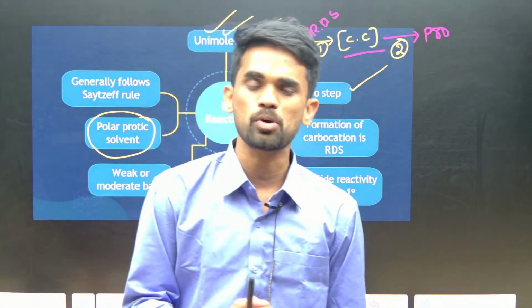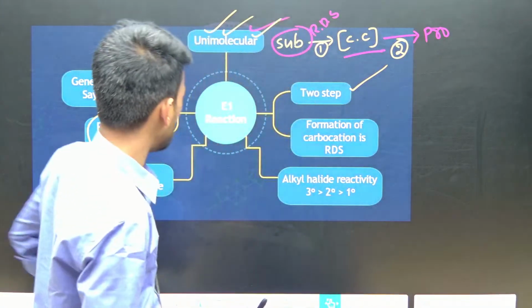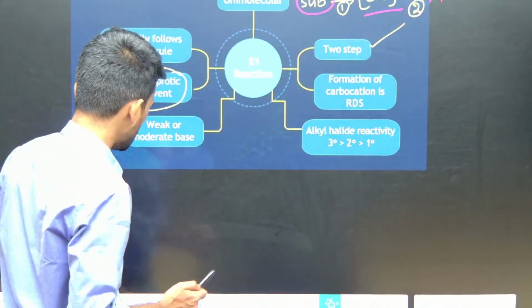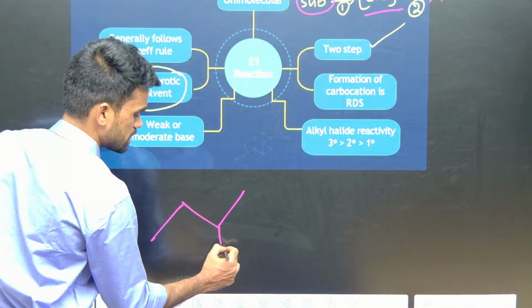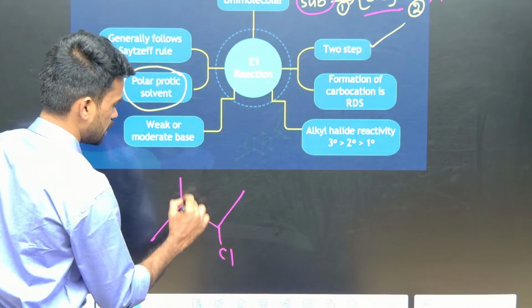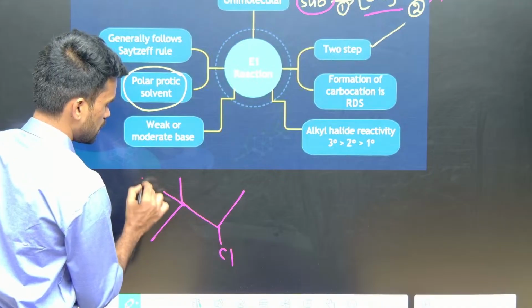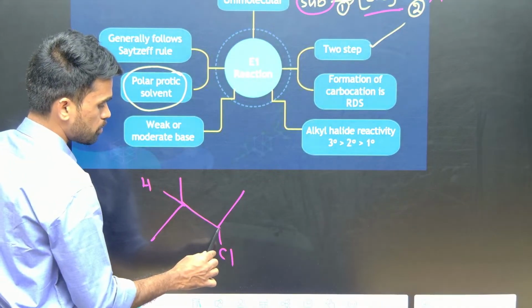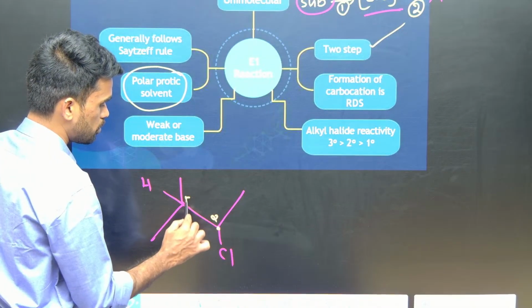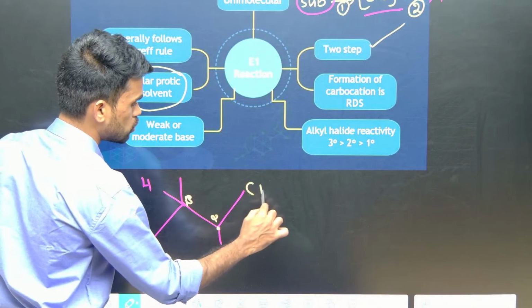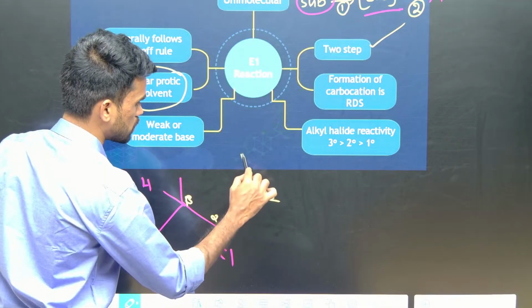What is the product formed here? Alkene. Let me show you one example again. Here a halogen is there, let us say chlorine, and let me write one hydrogen here. The chlorine-attached carbon is called alpha, and the adjacent carbons are called beta. This is a beta carbon, and this is also a beta carbon with respect to the chlorine.